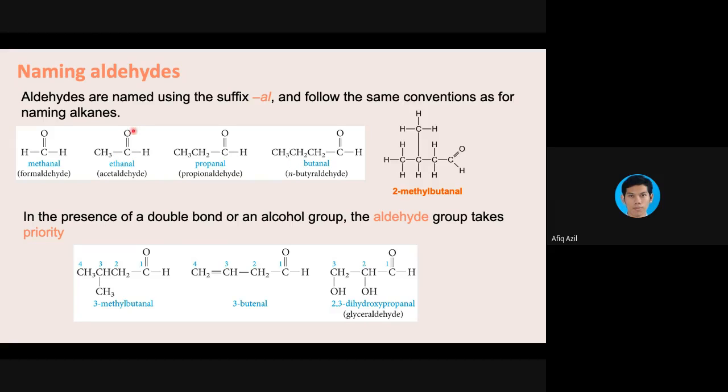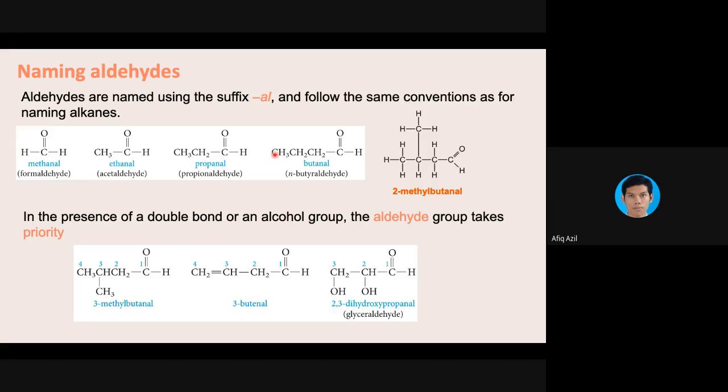But you have to see that the C double bond O H is at the end. So for example, like this butanal, it can be on this side or on this side.